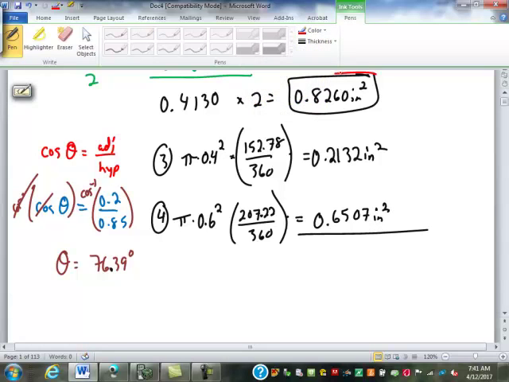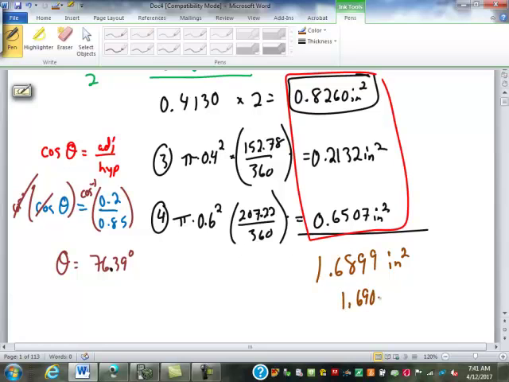I now need to add those 3 numbers. I get 1.6899 square inches. If you had 1.690 square inches, that would be acceptable. Anybody have that? Close.